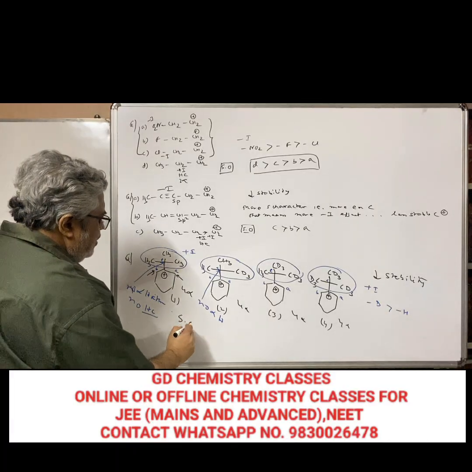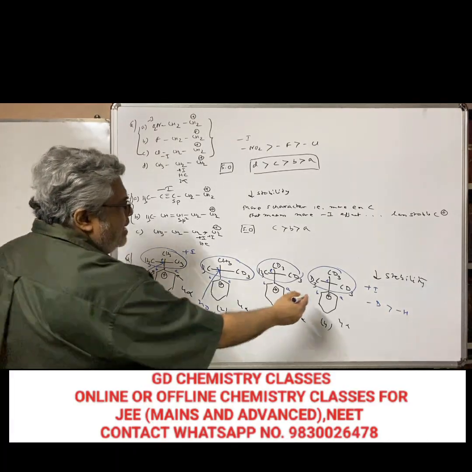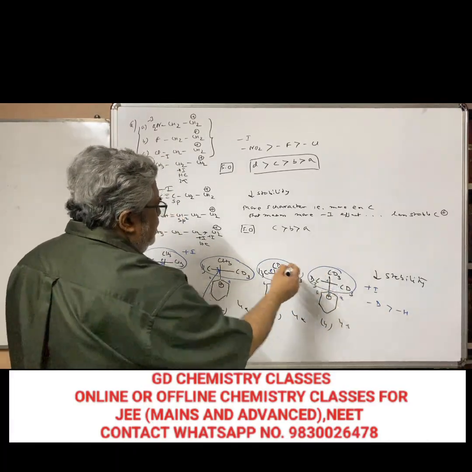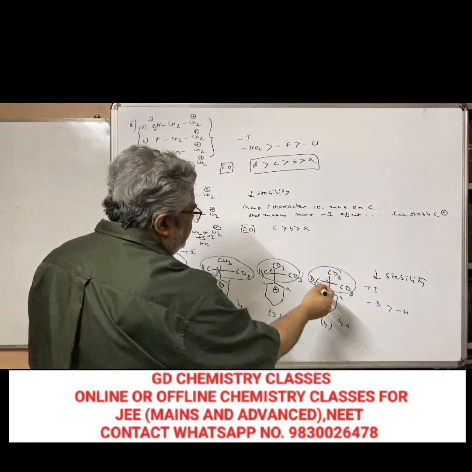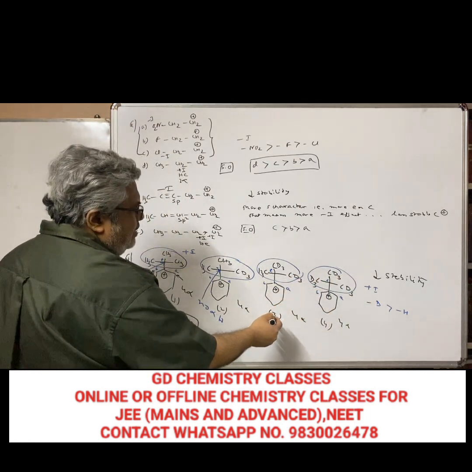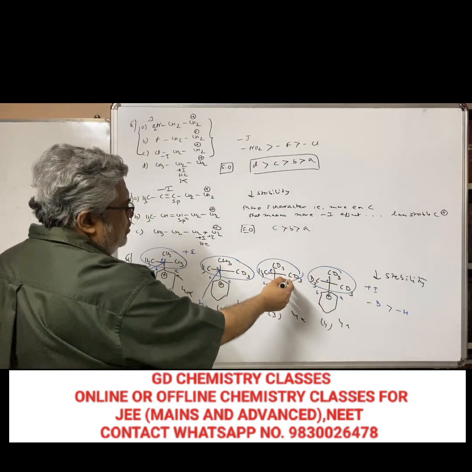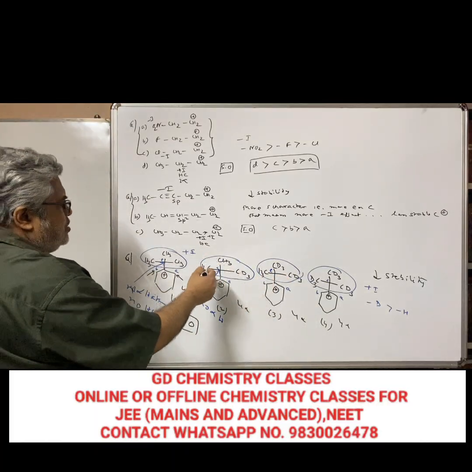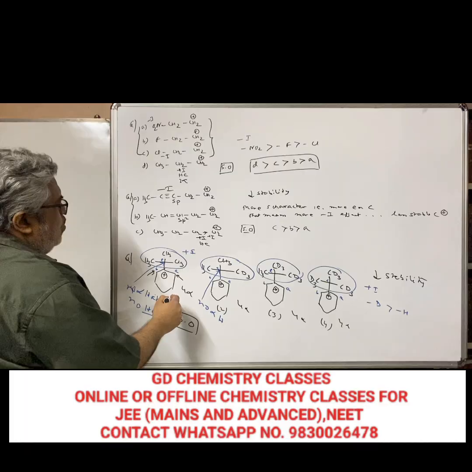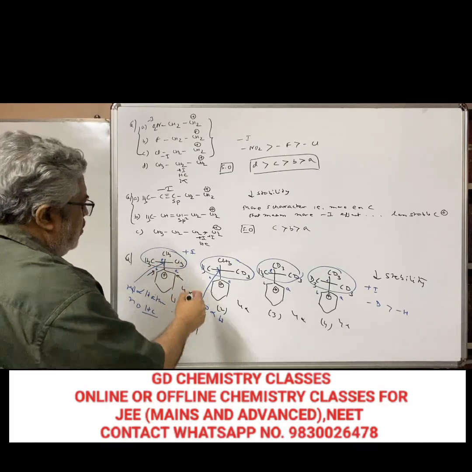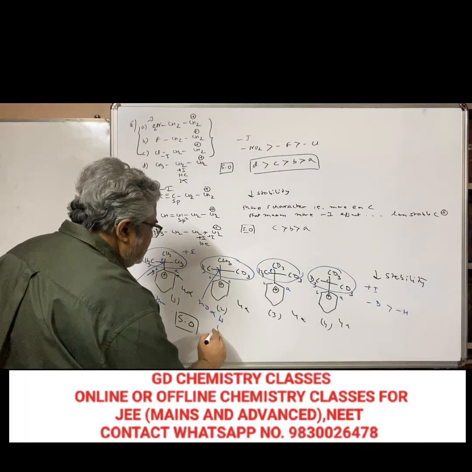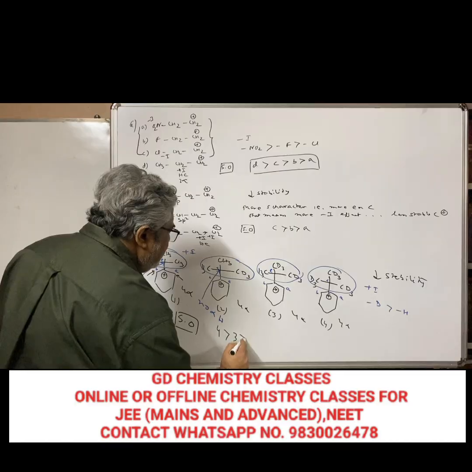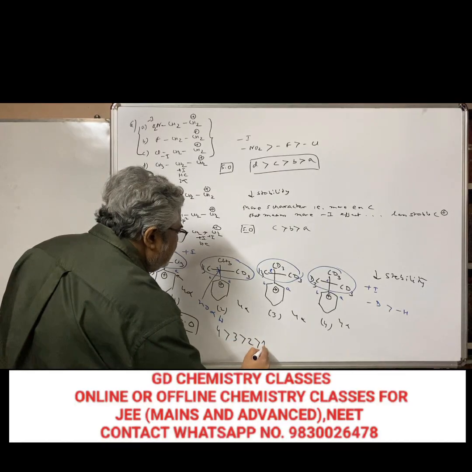The stability will be maximum where there are 3 CD3 groups, then the one with 2 CD3 groups and 1 CH3, then the one with 1 CD3 group and 2 CH3, and then the one where they're all CH3. So it will be simply 4, 3, 2, 1.